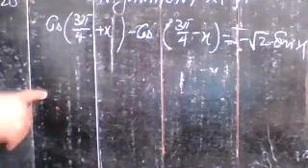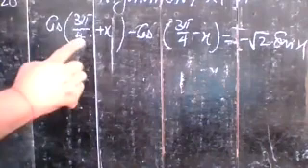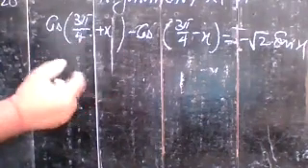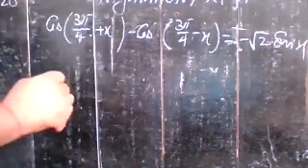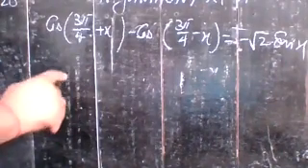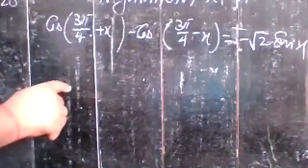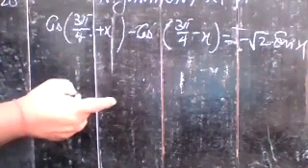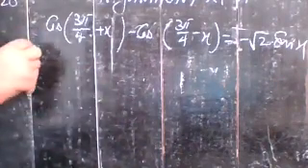Taking the left side and applying the identity for cos x minus cos y. And you know, cos x minus cos y is equal to minus 2 sine (x plus y by 2) sine (x minus y by 2). Applying here on the left side.